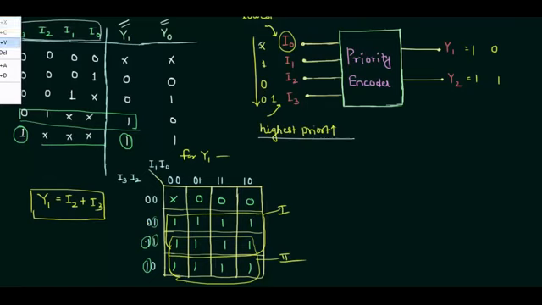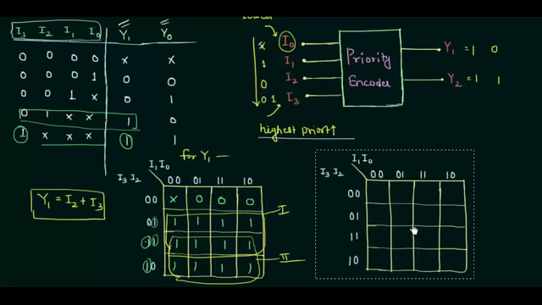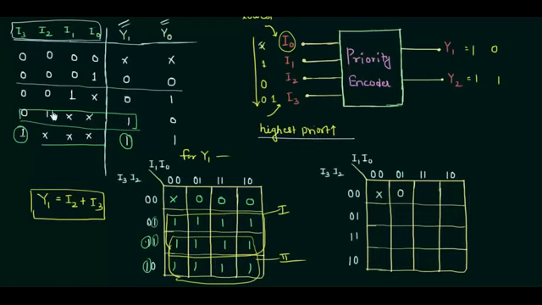Let's paste another K-map, a 16 cell K-map, to find out the value of Y0. So let's see, for the first cell we are having a don't care, you can match from the truth table, and for the second cell we are having a 0. When I1 is 1, which means for these two cells Y0 is 1, so 1 1.